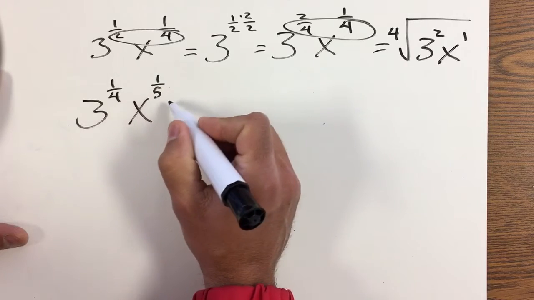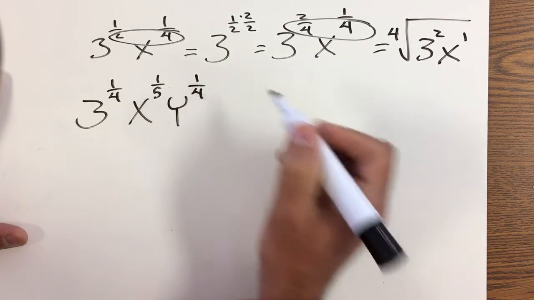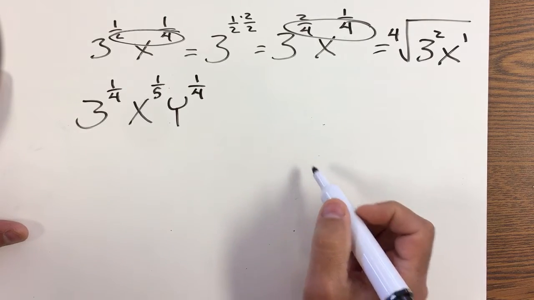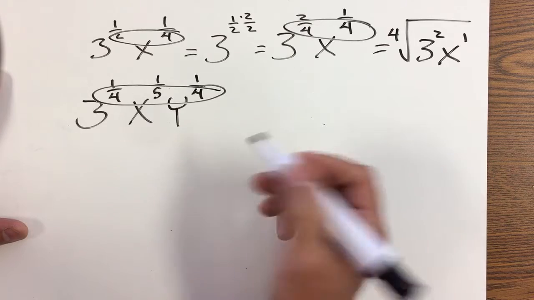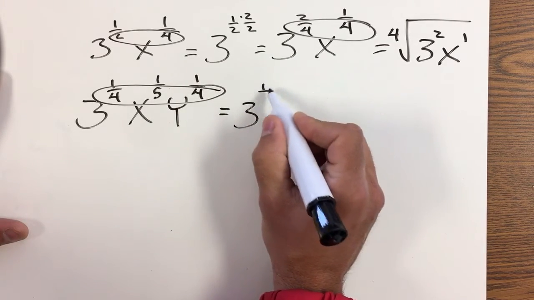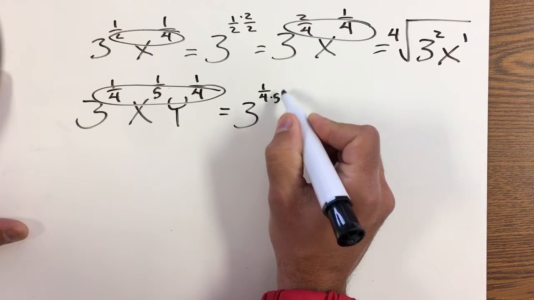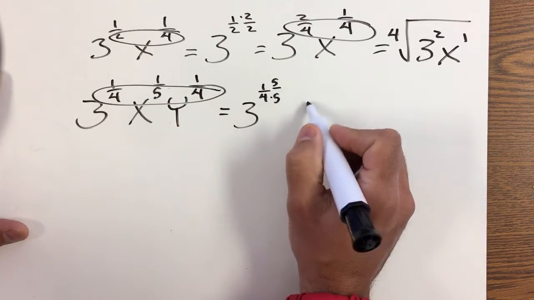And the same thing is true when I have 3 terms. So I'll have a bunch that have 3 terms. When I'm looking at this, I'm going to look at what can 4, 5, and 4 all go into. And they can go into 20. So I'm going to go times 5, which means I need to multiply the numerator times 5.